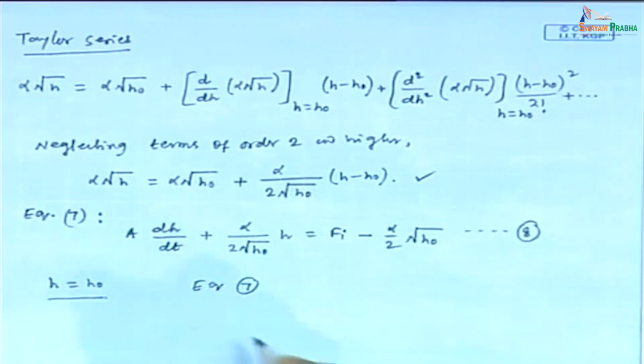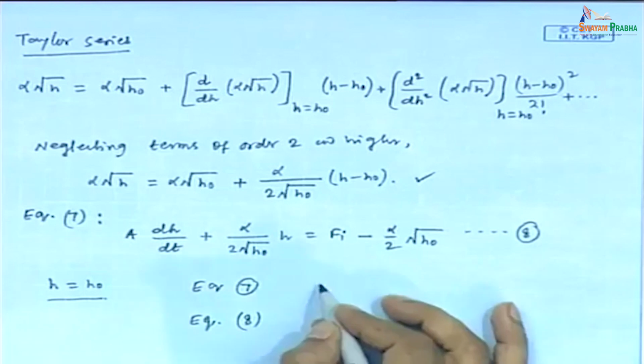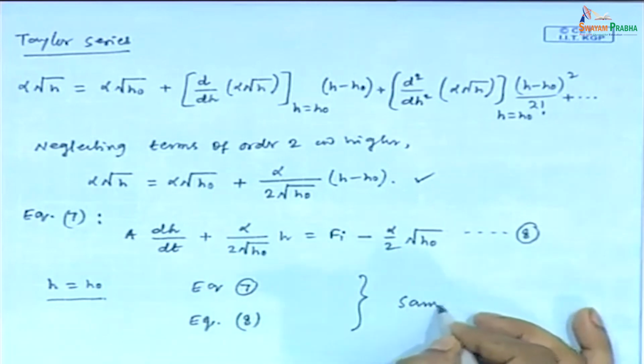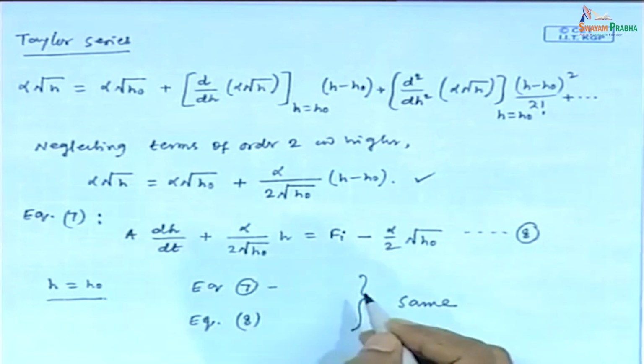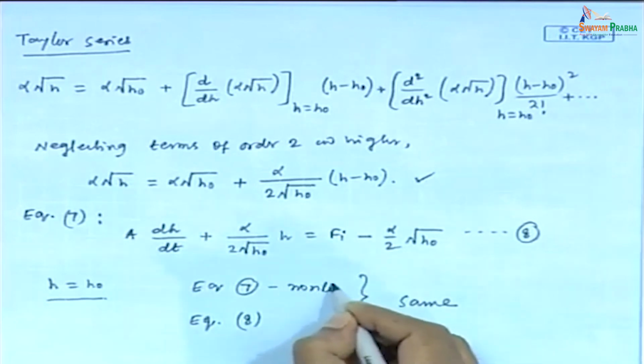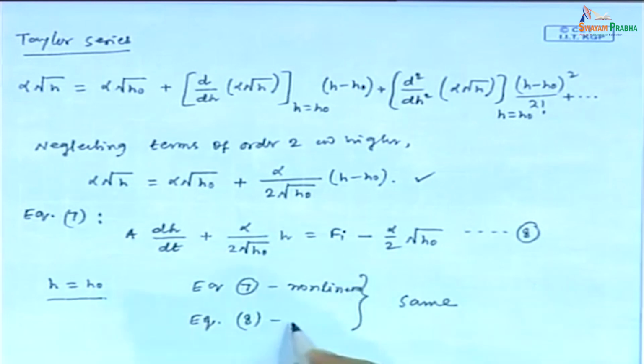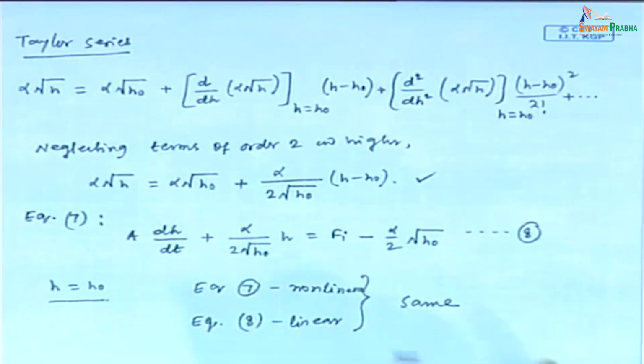Equation 7 represents the nonlinear form and equation 8 represents the linear form. Exactly at h naught they are identical. Fine. So, that is why we have mentioned earlier that the linear approximation is satisfactory when x is very close to x naught. So, this is the linearization.